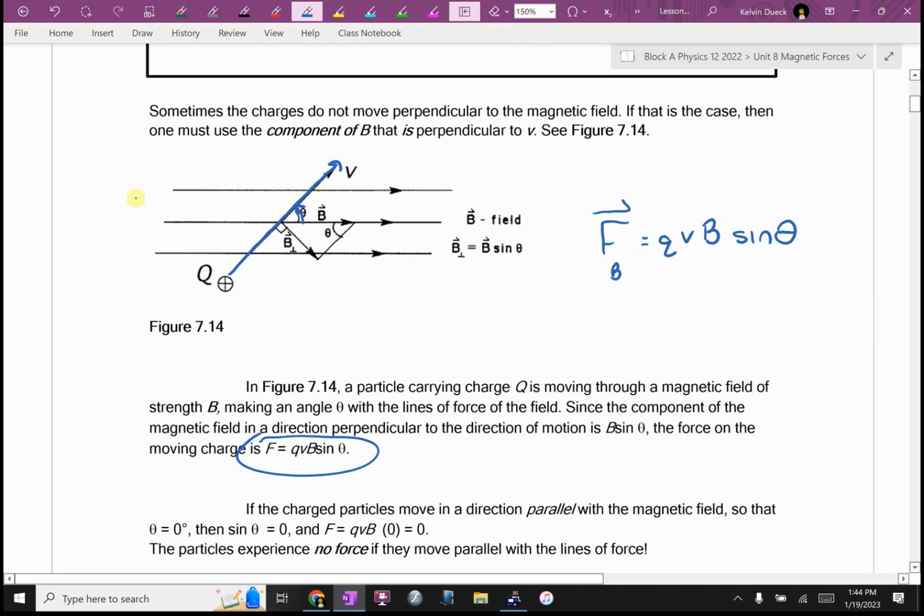So if the charge is moving parallel, I kind of imagine that it's sneaking between the magnetic field lines and not feeling them. That's not really what's happening, but that's kind of what I imagine. For a charge to feel a force, it has to cut across magnetic field lines. If it doesn't do that, it will not experience a force. And for us, I'll have them cutting across at right angles. Okay?